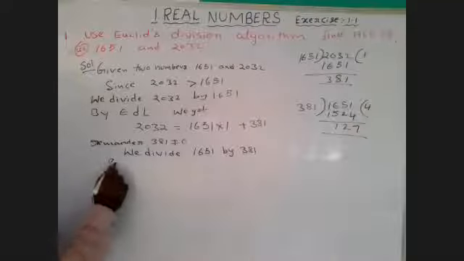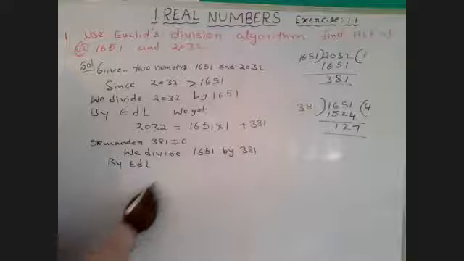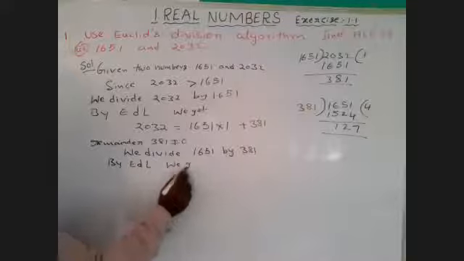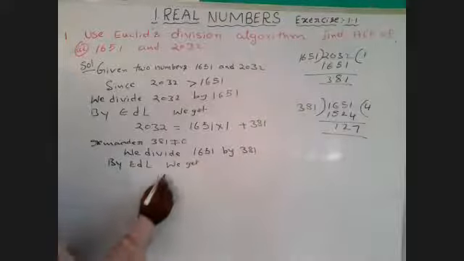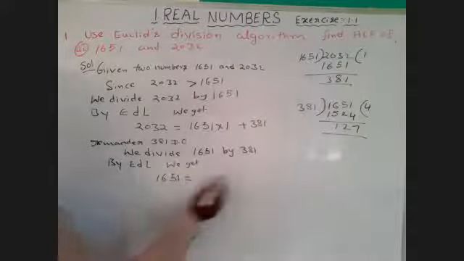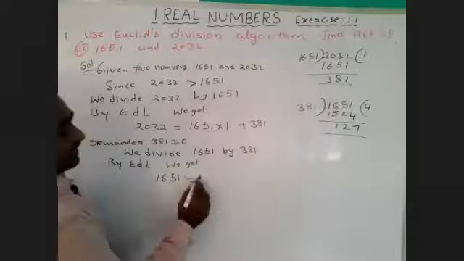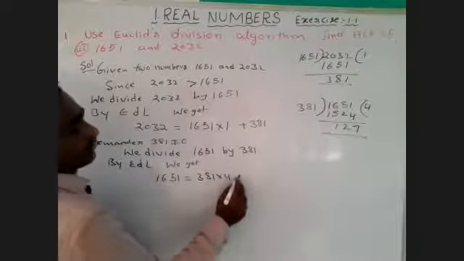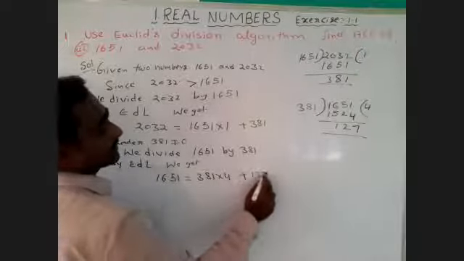By Euclid's division lemma, 1651 is equal to 381 into 4 plus 127.